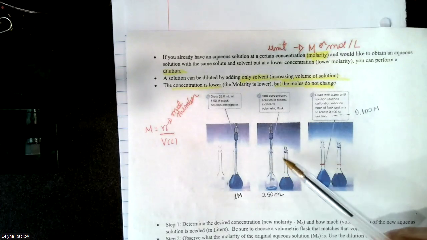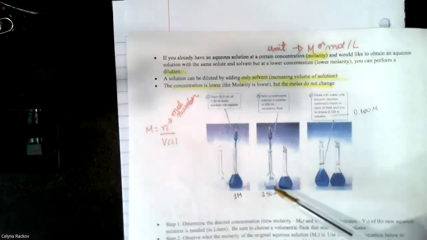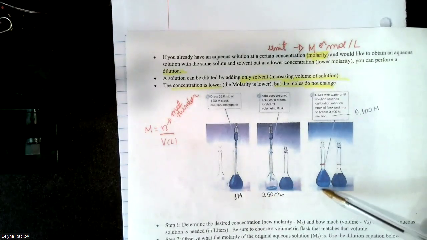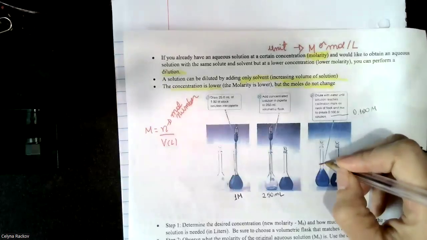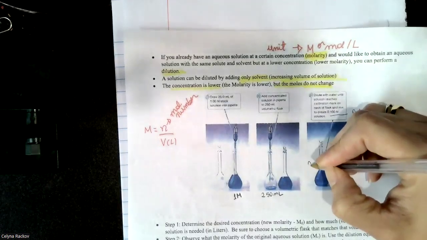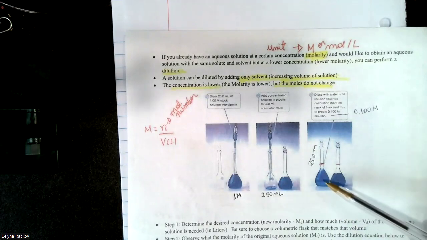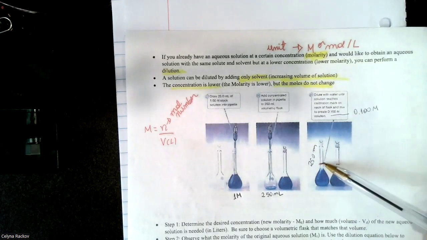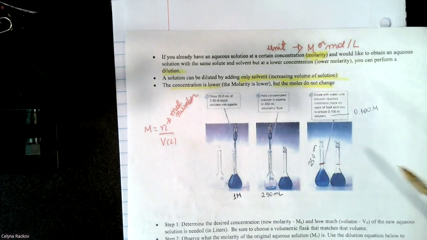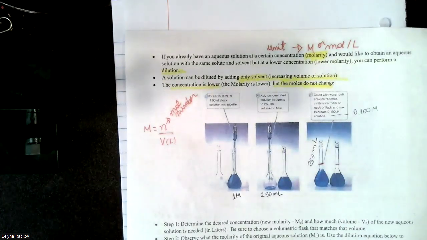After you add the 25 milliliters from this solution to this flask, we complete by adding water until the mark. The volume of this flask is 250, so when the liquid reaches the mark here, we have achieved the volume, in this case 250 milliliters.